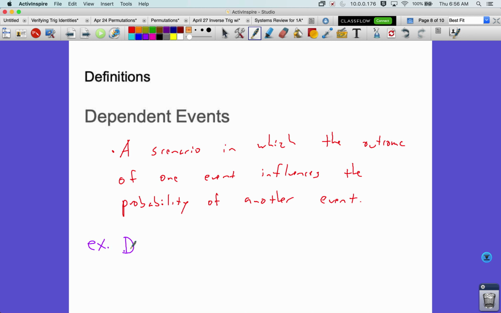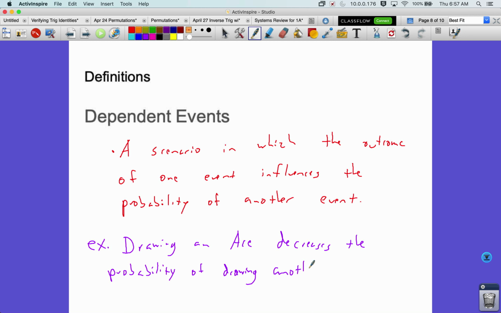So we'll say, drawing an ace decreases the probability of drawing another ace, because there's one less ace in the deck to pick from.